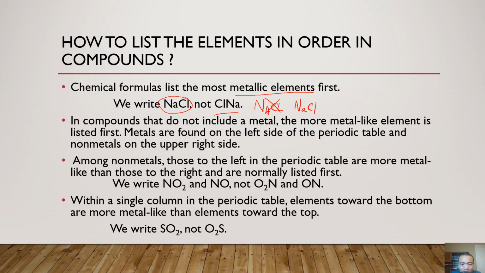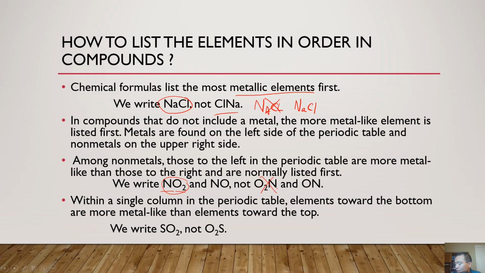Remember, in the periodic table, metals are found on the left side of the periodic table, with the exception of hydrogen, and nonmetals on the right side. For nonmetals, those to the left in the periodic table are more metal-like. For example, when you look at the periodic table, nitrogen is to the left side of oxygen. So that's why we write NO2, not O2N.